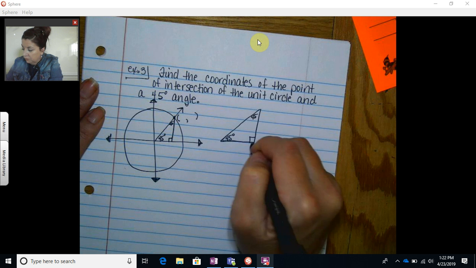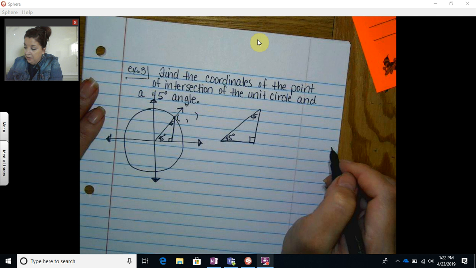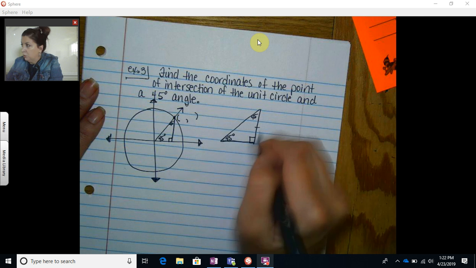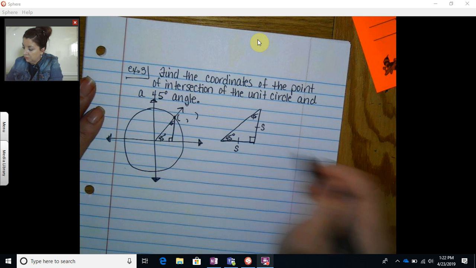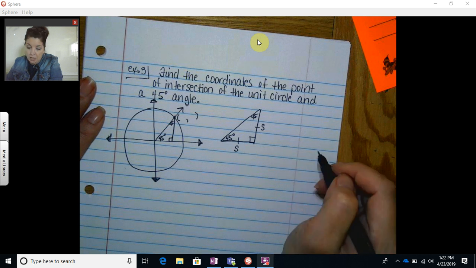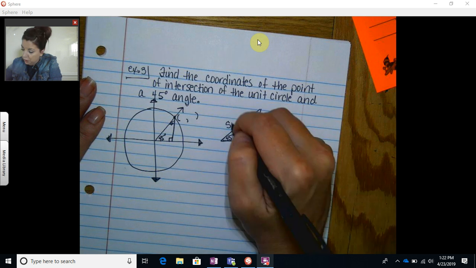So we know that in a 45-45-90 triangle, the two sides that are opposite of the 45-degree angles are equal, and we'll call those side S. And if you take the length of side S and multiply it by the square root of 2, that will give you the length of the hypotenuse.